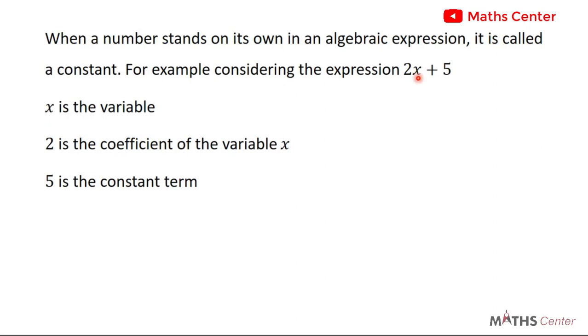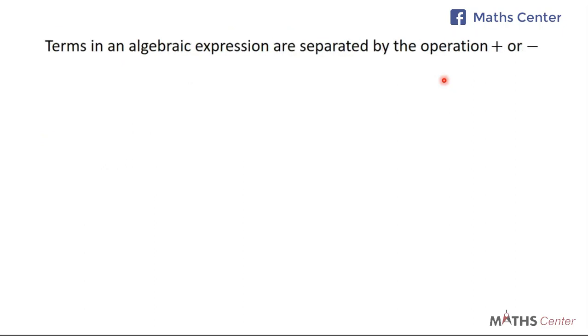Remember, we said that the letters are called the variables. So in this case, s is a variable. Now 2 is directly attached to s, so 2 is the coefficient of s, and 5 is the constant term because we have no letter attached to it. Let's proceed and learn more about algebraic expressions.